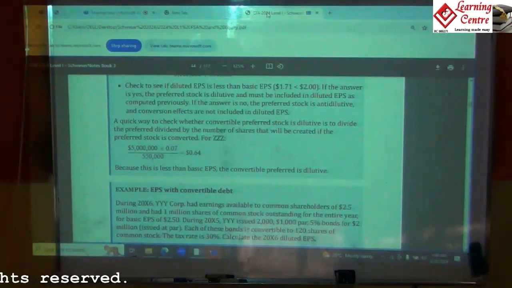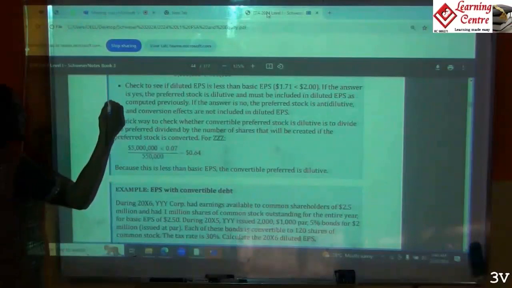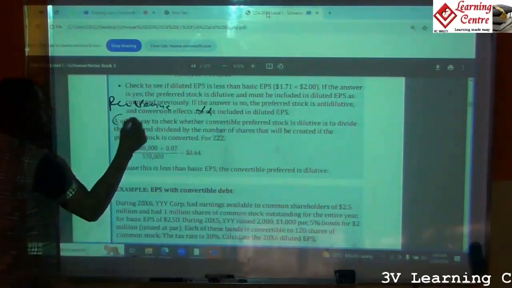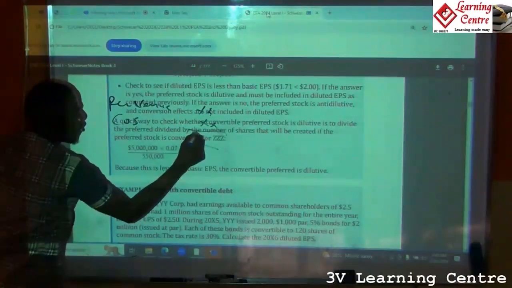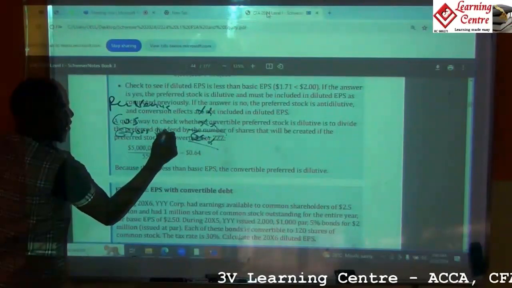So the next one we are going to look at is a hypothetical financial statement. Look at it, for example. Once you have your revenue, you put your cost of sales, then you get your gross margin, gross profit.